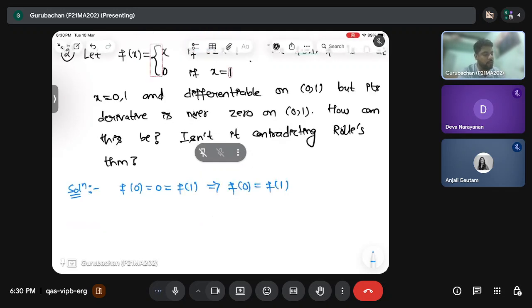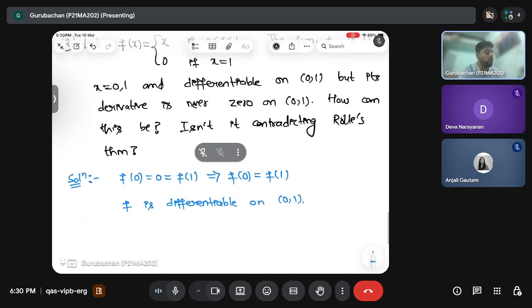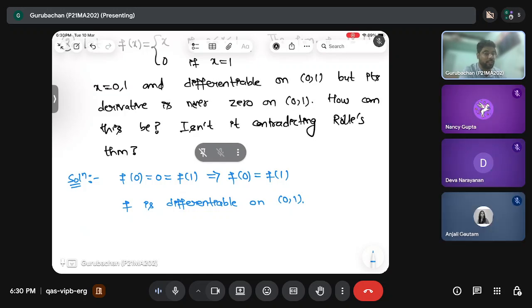Second, we are given that f is differentiable on this open interval (0, 1). Now, what is the result of Rolle's theorem's existence?